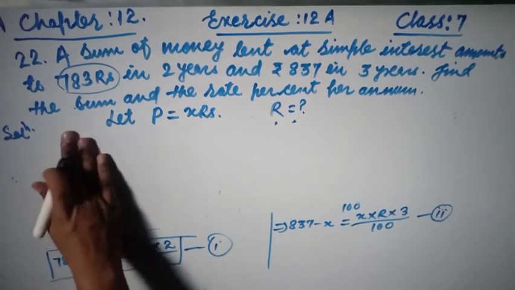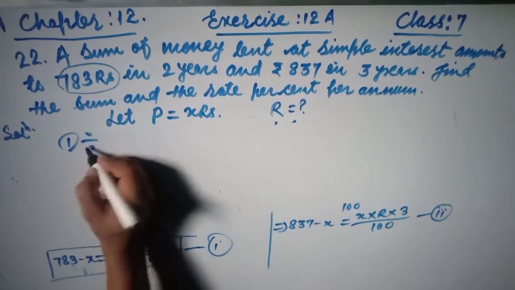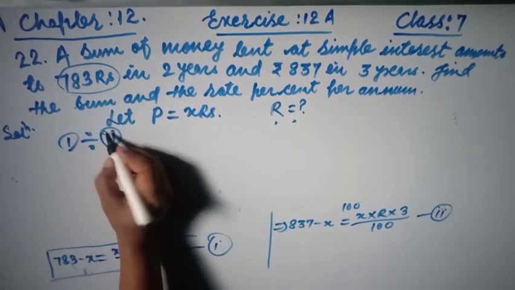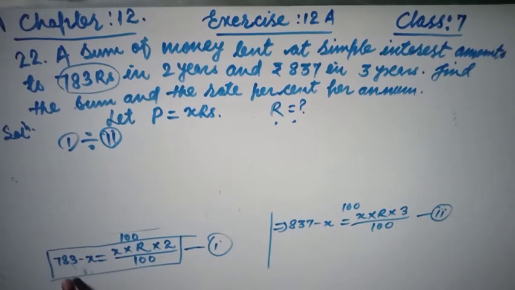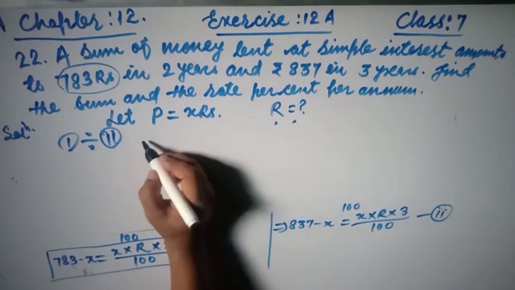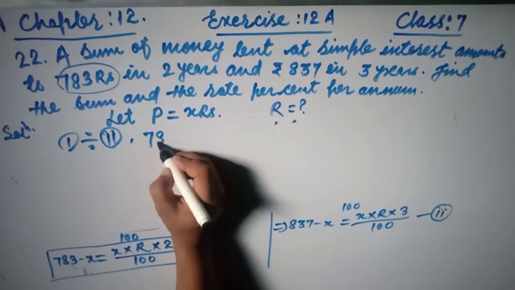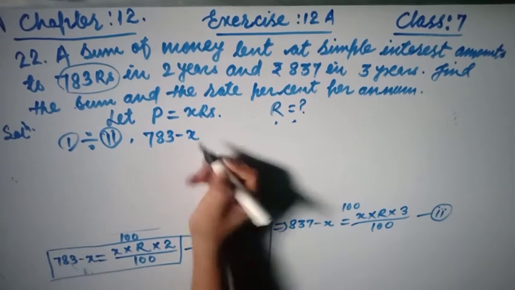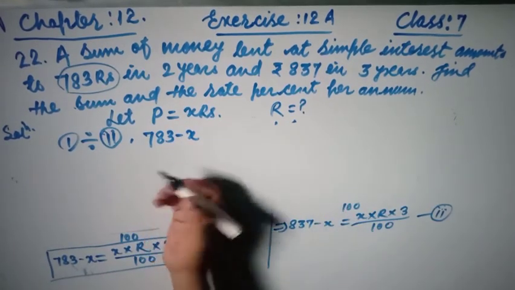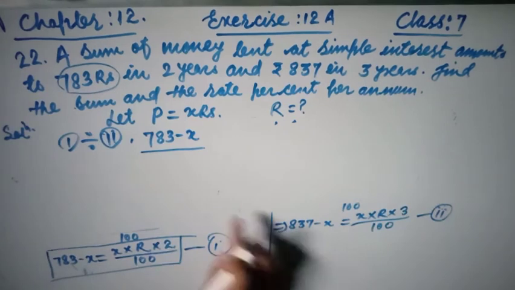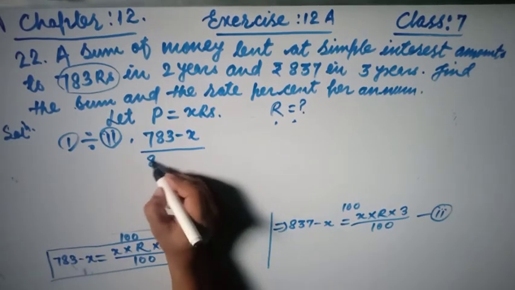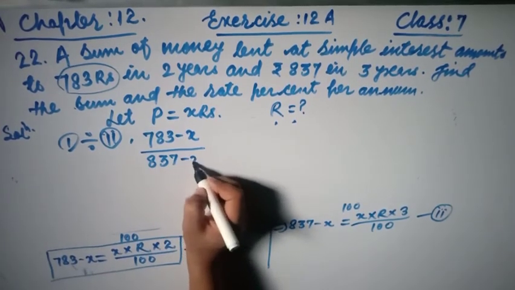Now see friends, first divide the first by the second. So the first equation, write down: 783 minus x, divided by the left hand side of the second, 837 minus x.